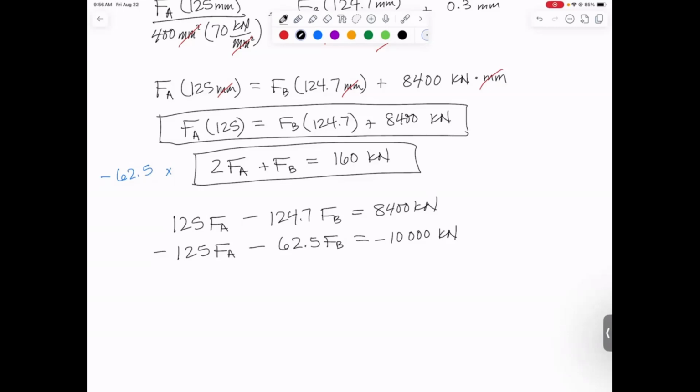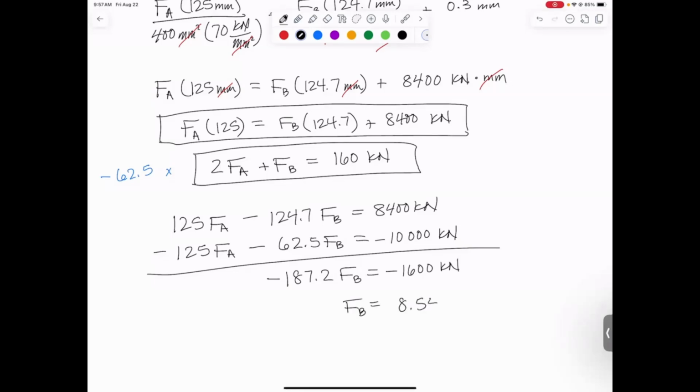Then we just sum these two equations. We add them up. The 125 FA minus 125 FA becomes 0. The next term becomes minus 187.2 FB equals minus 1,600 kilonewtons. So solving, FB comes out to be 8.547 kilonewtons.